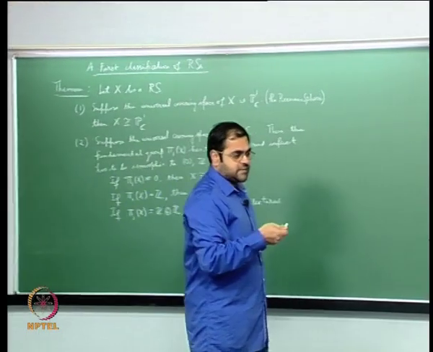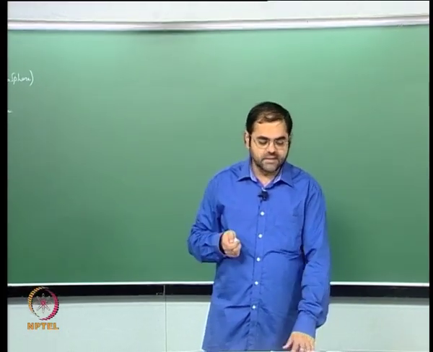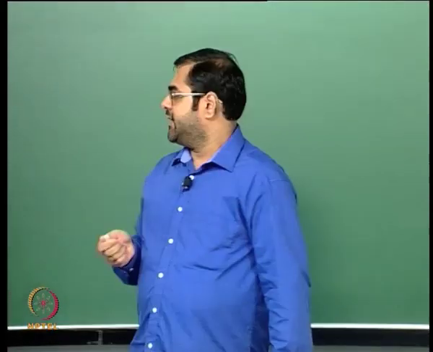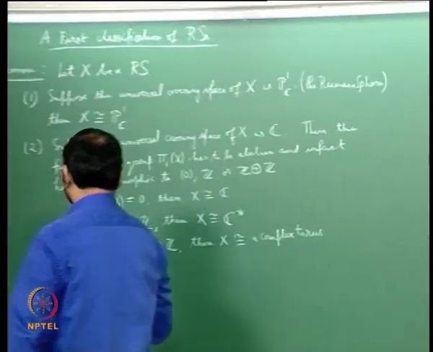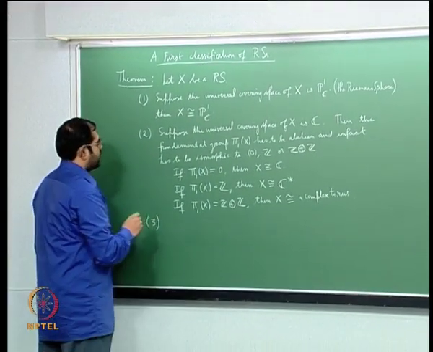Now the only thing that is left out is the case when the universal covering space is the upper half plane, which is the same as the unit disk. So let me write down this case, which is slightly more involved.